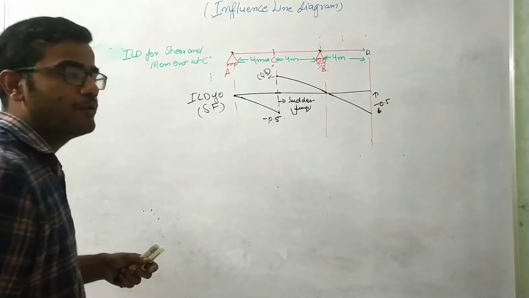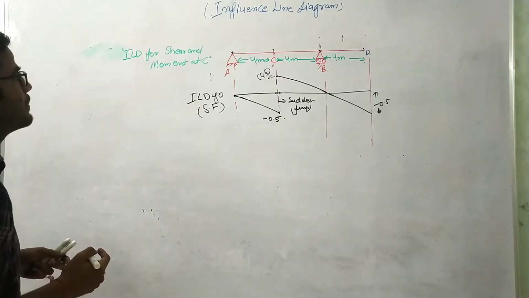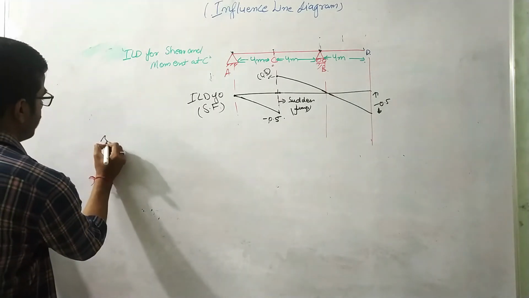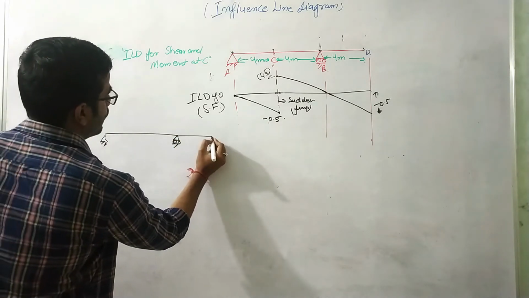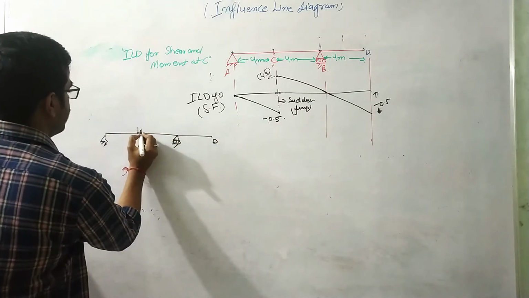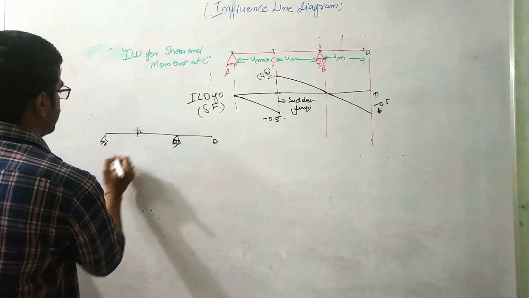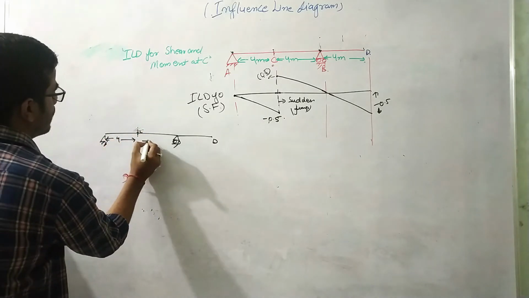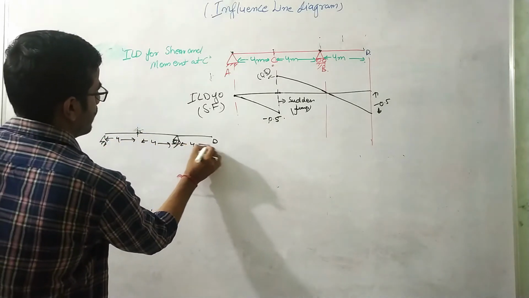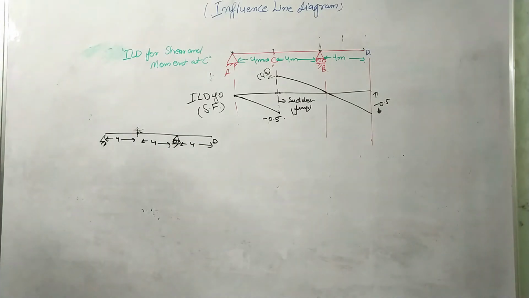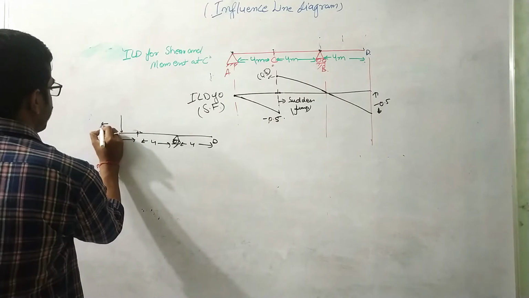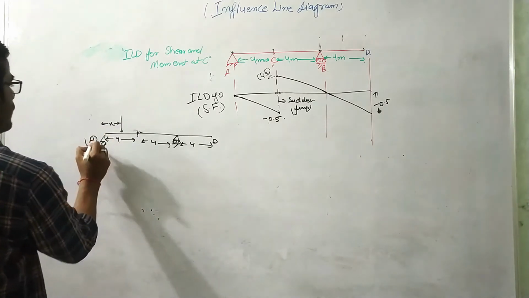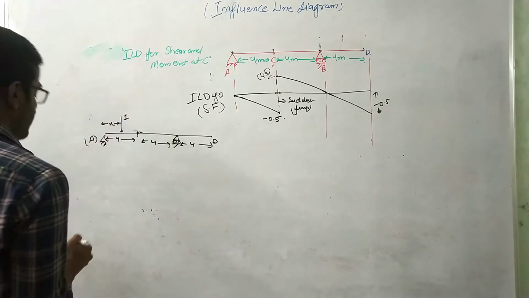Now we need to calculate the ILD for the bending moment. Again, I'll draw that same beam over here, and this is the overhang D, and this is point C. This is 4, this is 4. Now, first again, I'm considering the load acting at a distance of x from support A. So this is our unit load.